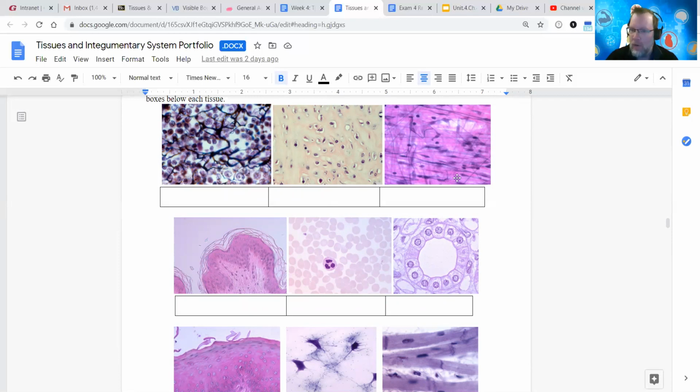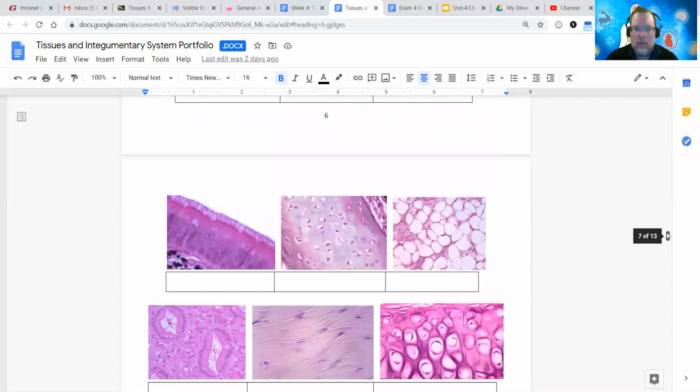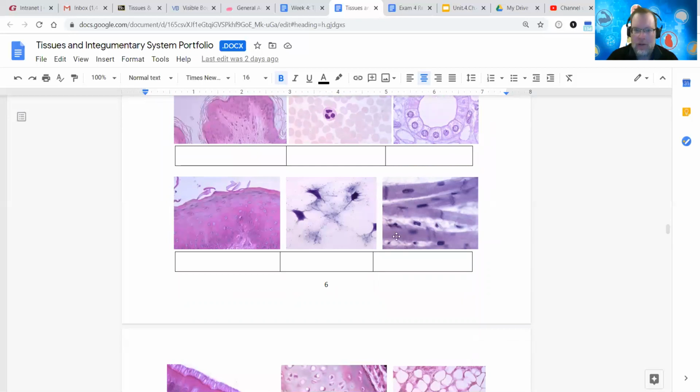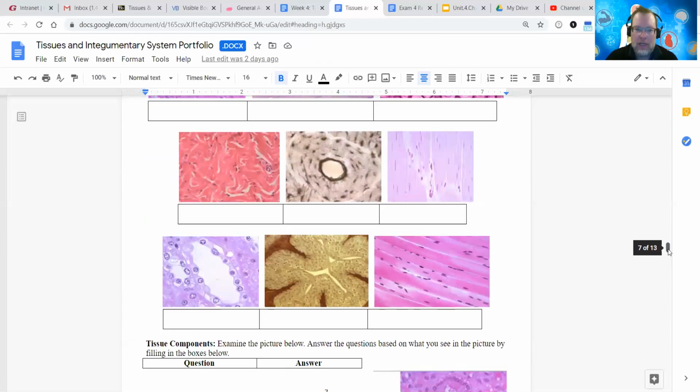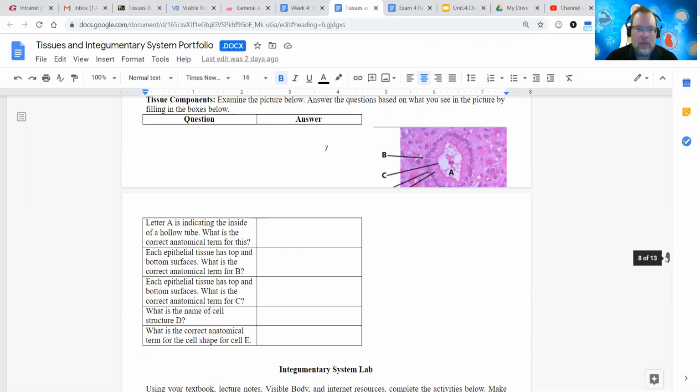We've got that areolar, a loose connective tissue. You should be able to go through the intercalated discs, remember, with the cardiac or the heart. We've got some neurons. So after today, or whenever you decide to do the Visible Body, you should be able to answer most of those.